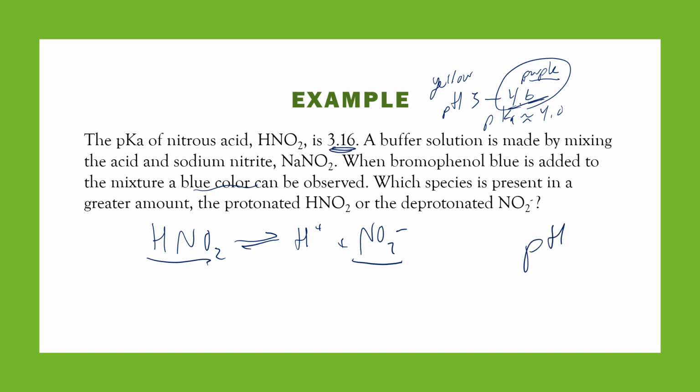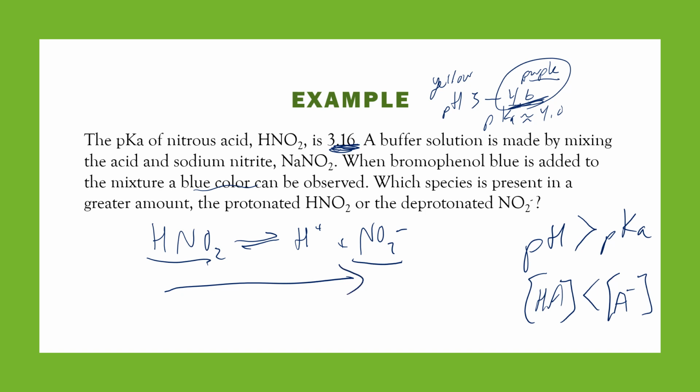So pH must be higher than the pKa of this weak acid because we know it's on like the 4.6 range, so it's higher than the 3.16. And because the pH is greater than the pKa, I know that for my weak acid, I will have more of the conjugate base present. So that means I'm going to have more of this side of the reaction, so more of the deprotonated form will be present.